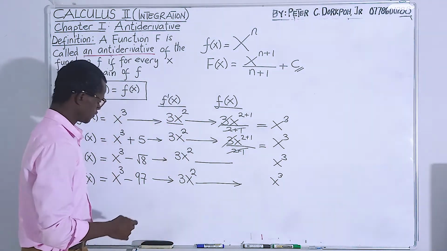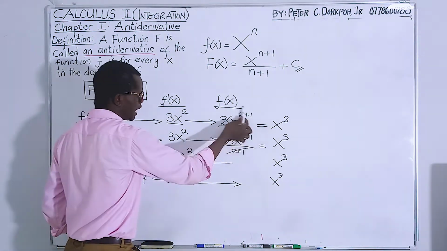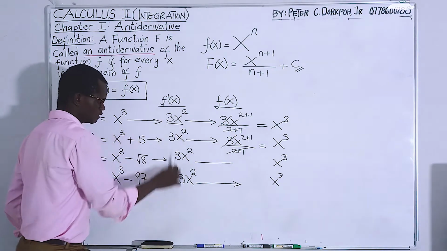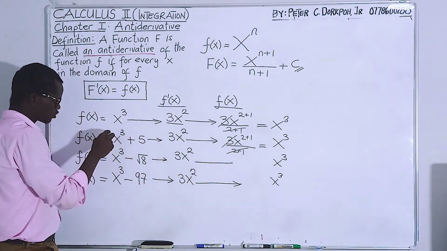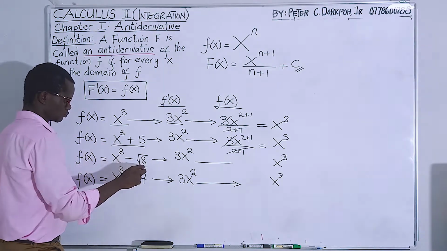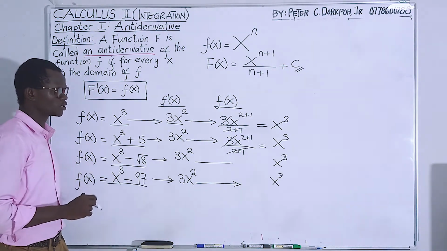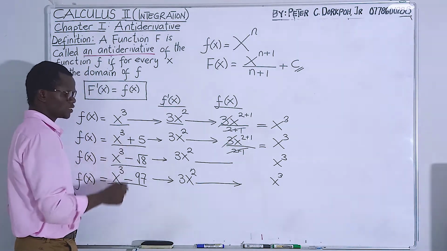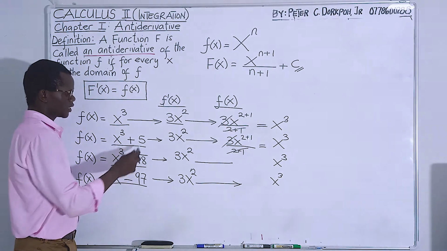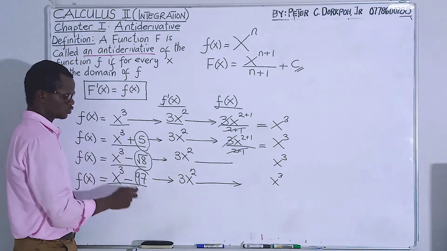Now what do you observe? After we found the antiderivative of this derivative, we should have actually gotten the original function. But we did not receive the original function, because there is a rule that the derivative of a constant, of any number, is just equal to 0.